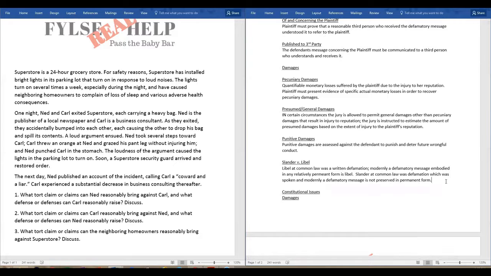So the plaintiff has to plead extrinsic evidence and facts to show that this was a defamatory message, basically. A large minority of the jurisdictions require proof of special damages for libel per quod. Now what we're going to want to do is make our determination on what this is, and we're going to want to put this down as libel, because remember, slander is spoken and libel is clearly written.